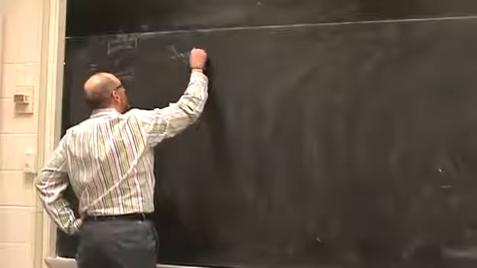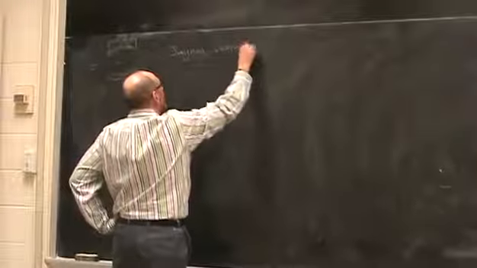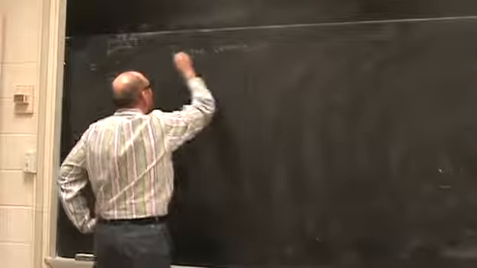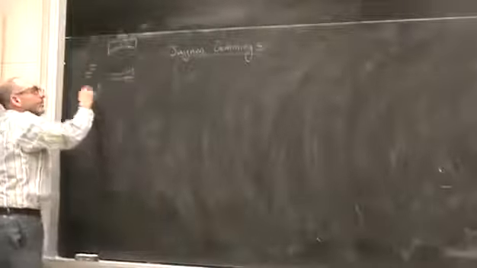Then you remember from our analysis last semester that this system is described by the Jaynes-Cummings model, right? And the Jaynes-Cummings model is the coupling of that two-level system to the single-mode harmonic oscillator.